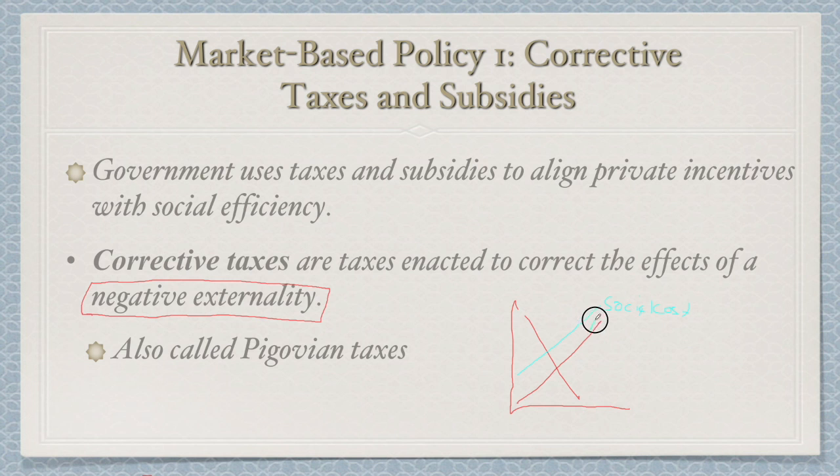The corrective tax attempts to force the firm to take into consideration the cost of the negative externality. Corrective taxes are also called Pigovian taxes. The tax on cigarettes is an example of a corrective tax, right? It's designed to make people take into consideration the cost of their actions.